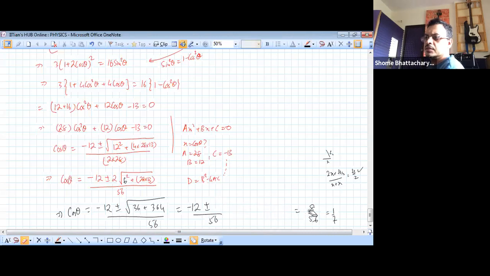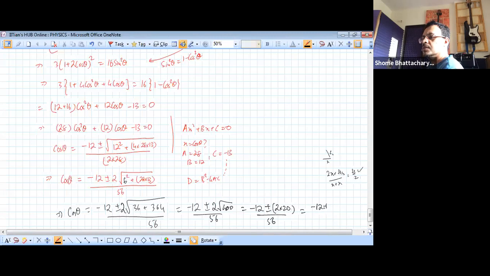Wait a minute. Just make a correction here. We'll get this correct. There is an extra two here, this two. So this is 2 times. So it's minus 12 plus minus 2 into 20. Right. Okay.